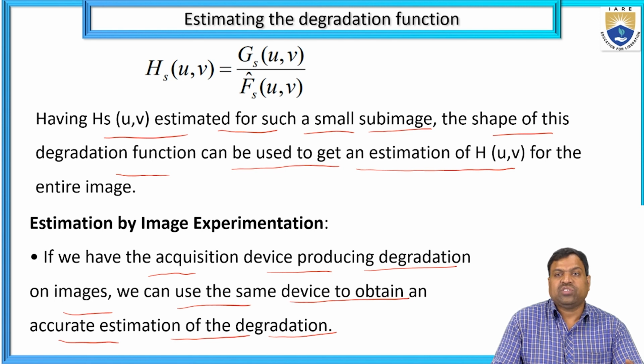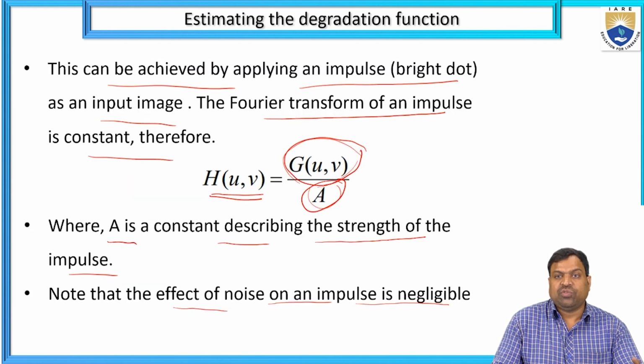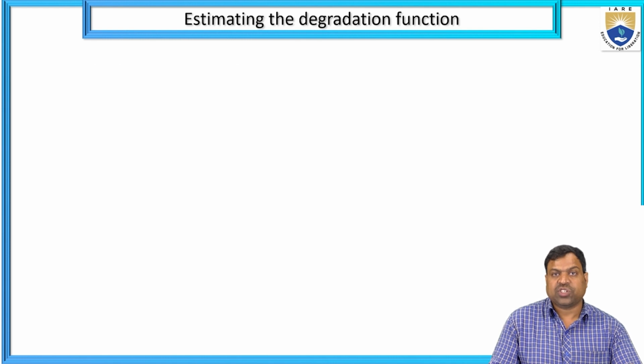Here H of u comma v is the estimated subimage, and F dash of u comma v is the restored image. So H of u comma v equals G of u comma v by A. Here G of u comma v is the Fourier transform of the impulse, H of u comma v is the degradation function, and A is the constant describing the strength of the impulse function.